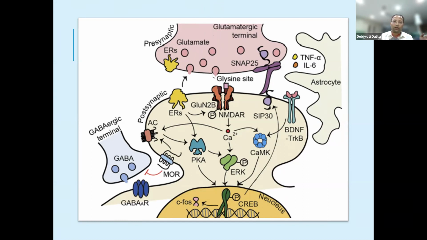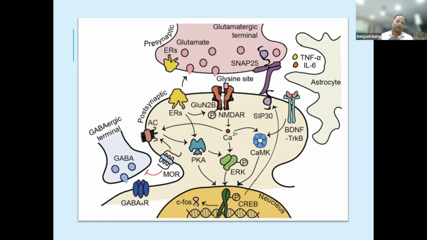Then neurotransmitters will come down and reach the receptors on the postsynaptic membrane, and when the neurotransmitter attaches to these different receptors, it will cause entry of sodium or calcium inside, and then the action potential will be transmitted.